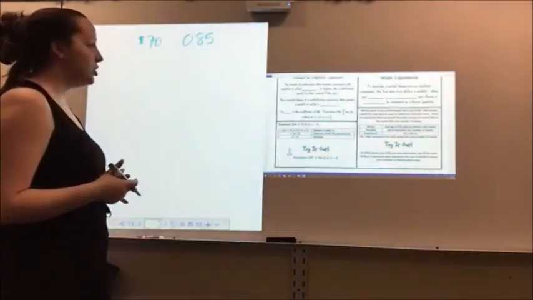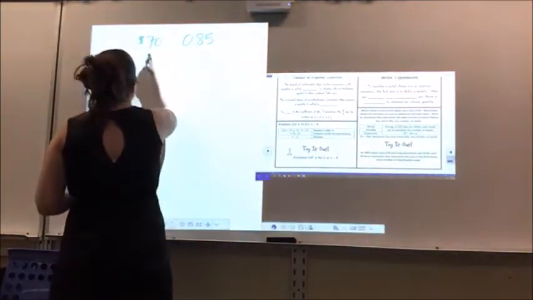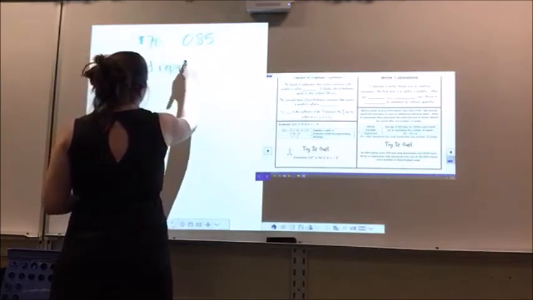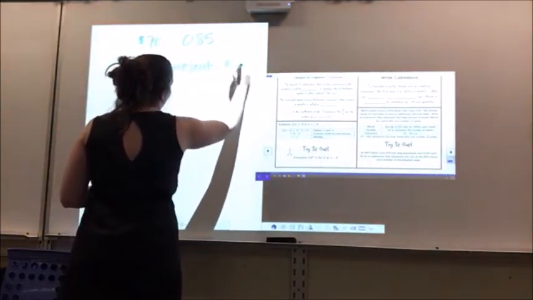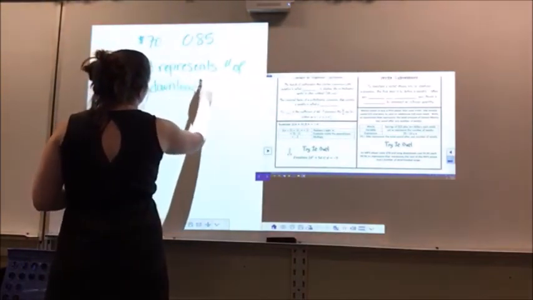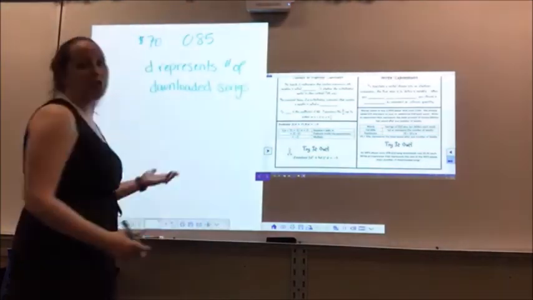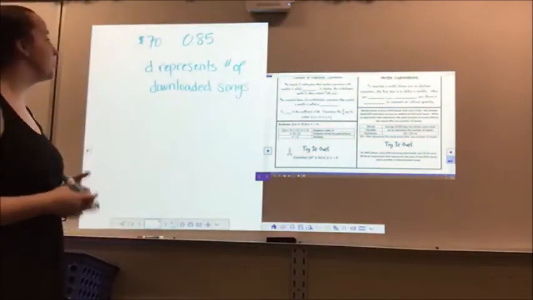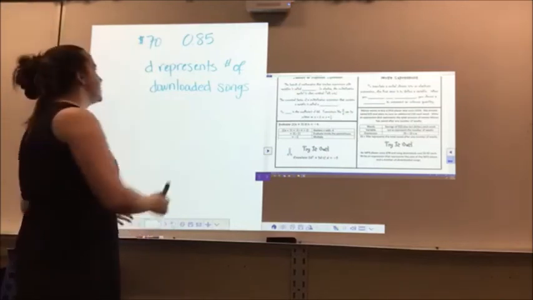So I'm going to use the letter D. So D represents the number of downloaded songs. You don't have to use D. You can use any variable that you would like to use, but you just have to know that that's what it represents.